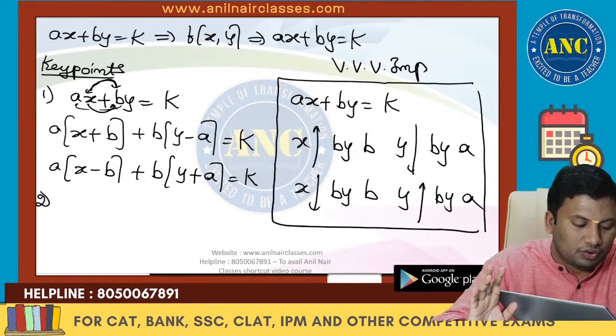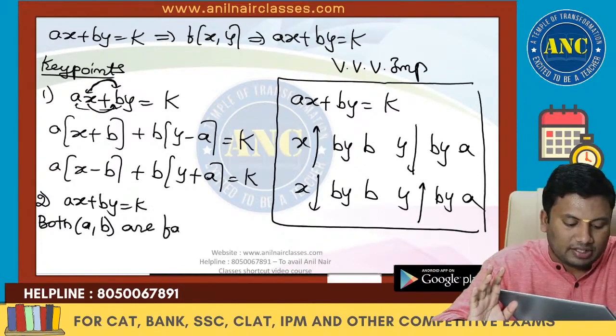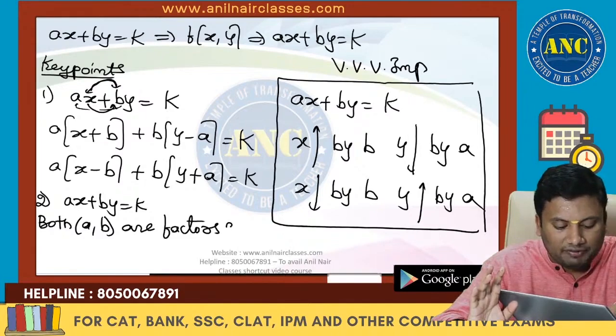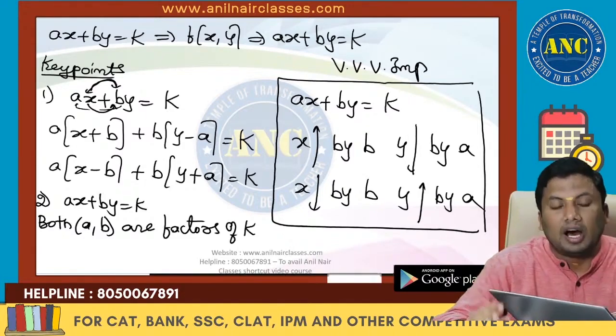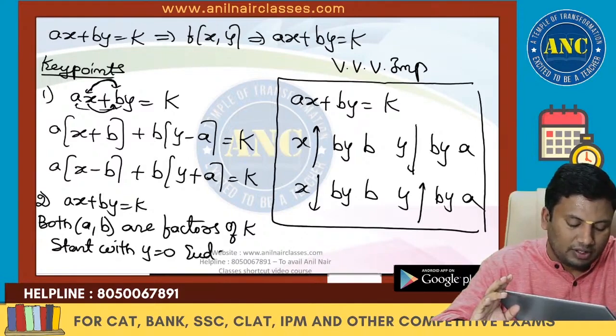Key point 2: we are discussing a case ax plus by equivalent to k. If both a, b are factors of the right hand side, start with y value 0, you will end with x value 0.